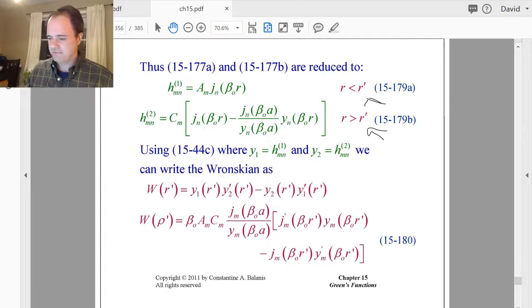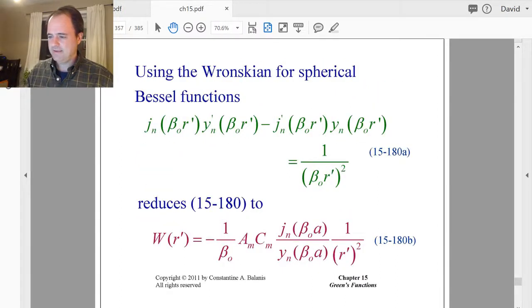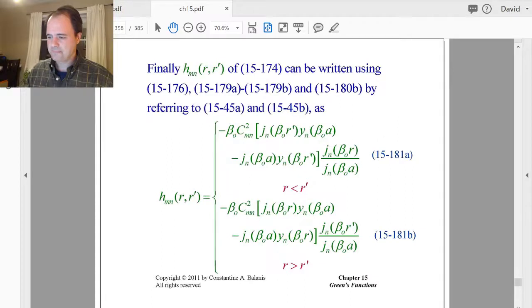So now we can find the Wronskian and use some properties of Bessel functions to get that the Wronskian is equal to this. And so then we have our H's.